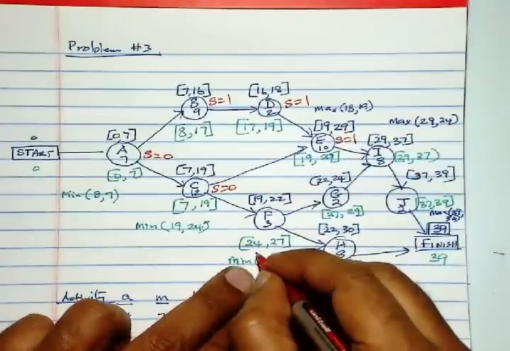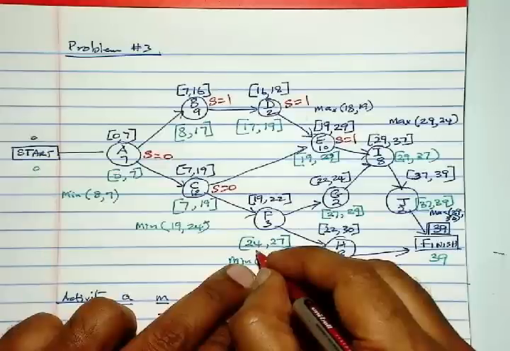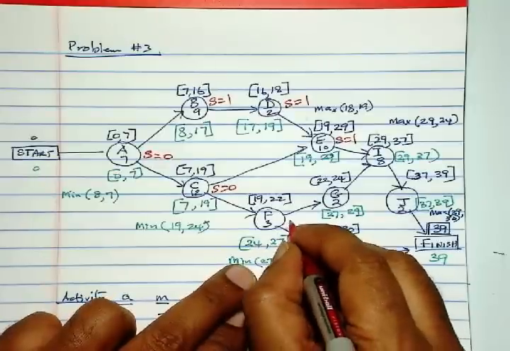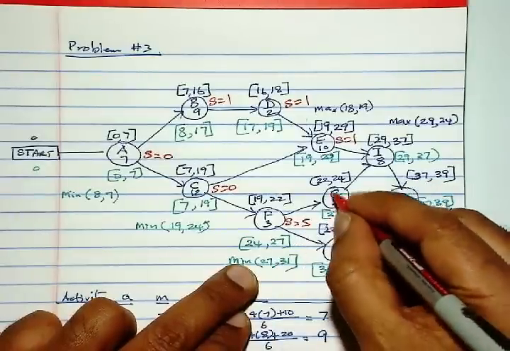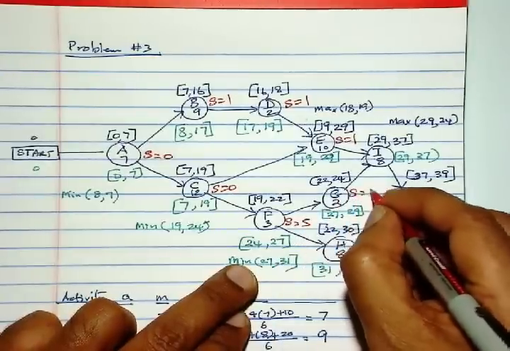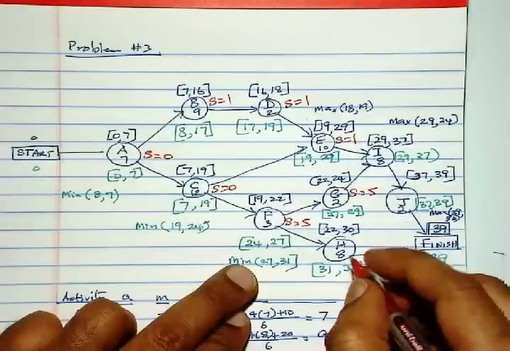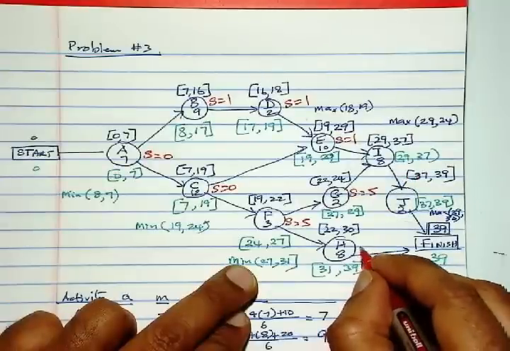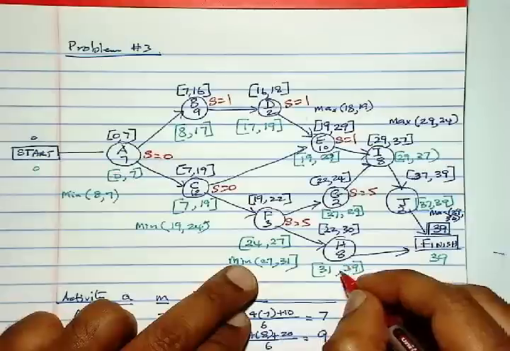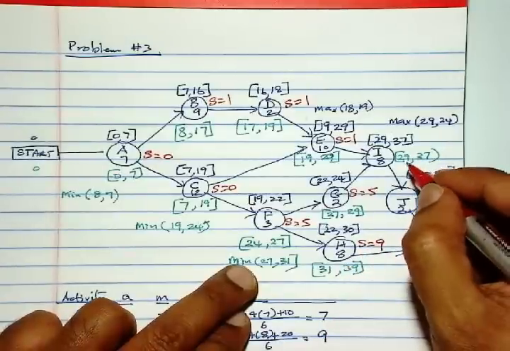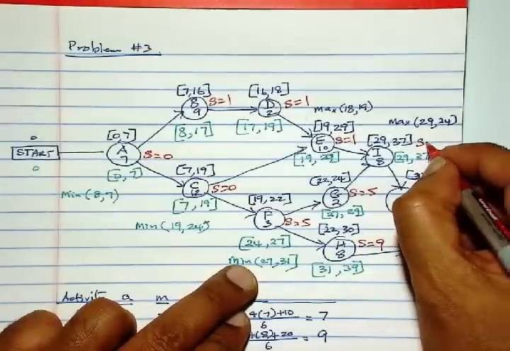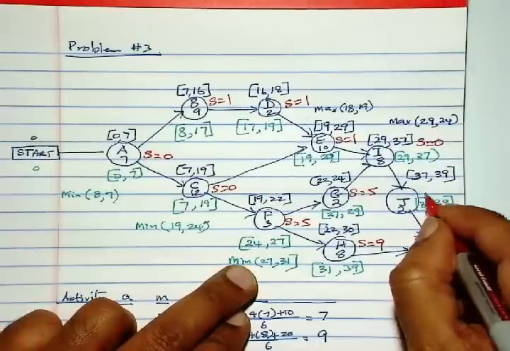G the slack is 5. H the slack is 9. I slack is 0. J slack is 0.